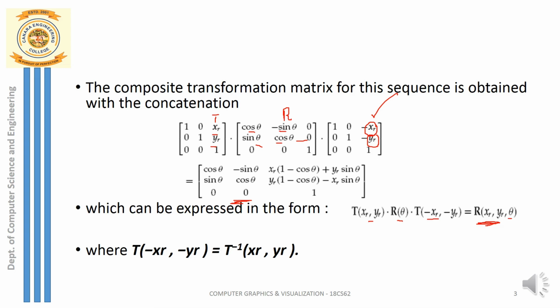Okay, and remember the reverse translation whatever we have applied is also equivalent to this. What is it? It indicates reverse translation. So T inverse, this indicates T inverse, and about the arbitrary point xr comma yr. So this is equivalent.